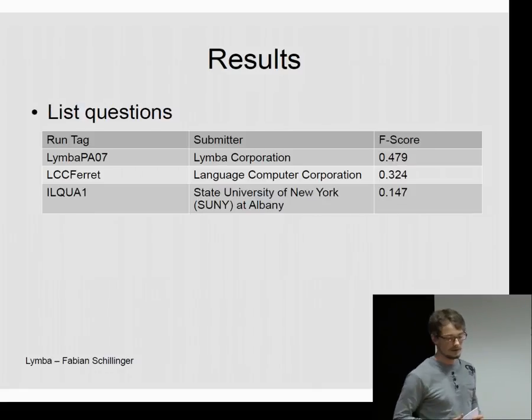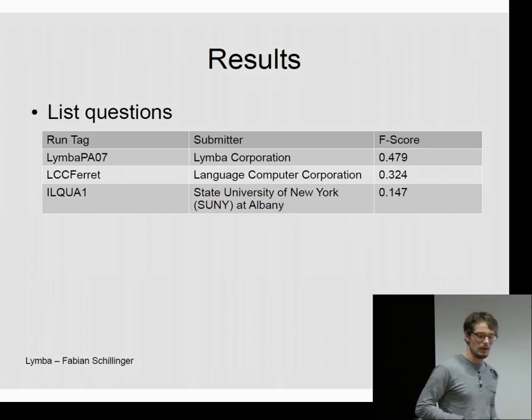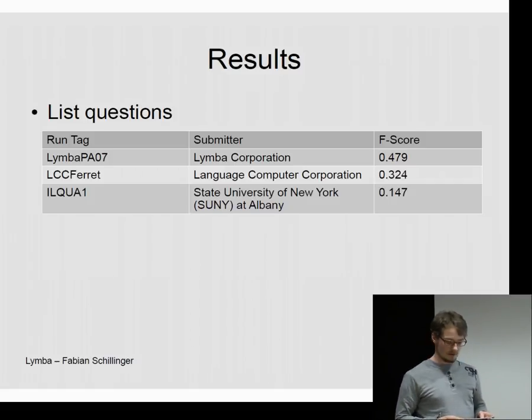For the list questions, Limba performed very good too, with an F-score of 0.479 to the second 0.324. In the year 2006, Limba had a score of 0.433, which means an increase of 10%.